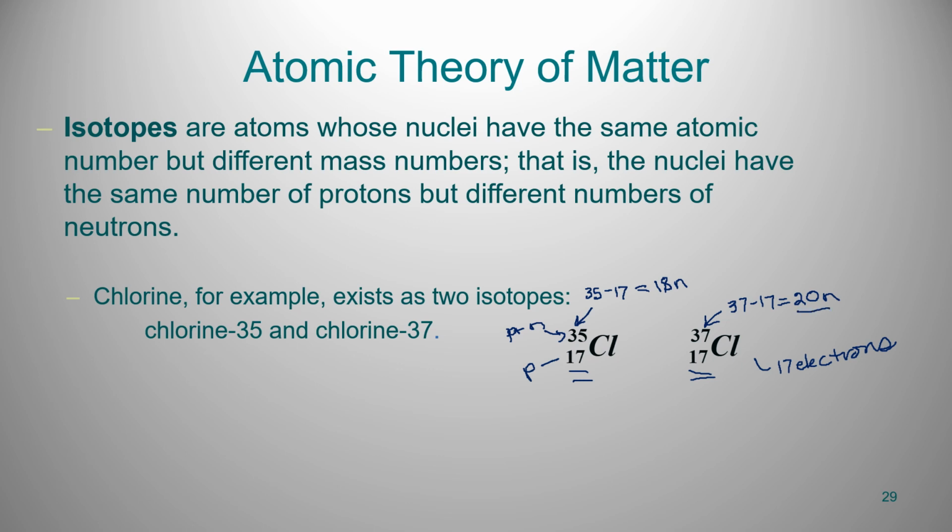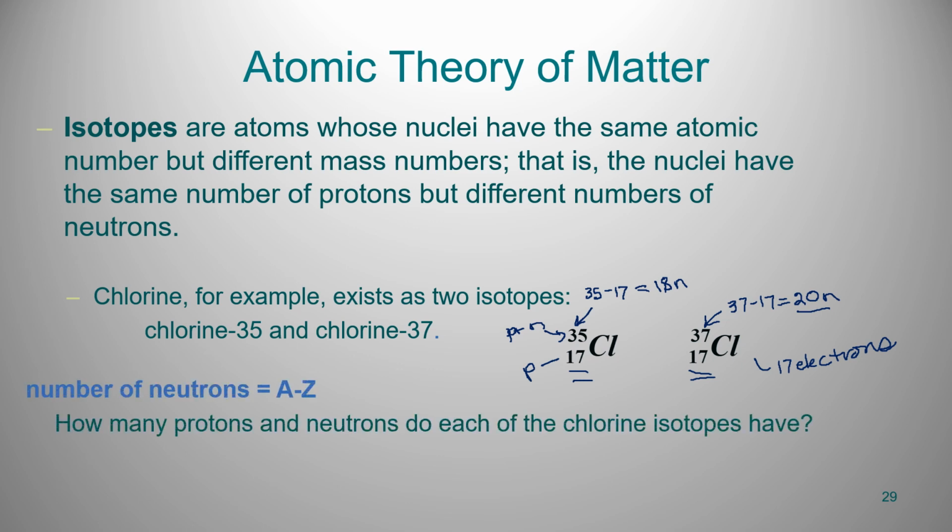This atom does not. And these are called isotopes of each other. So again, the number of neutrons is A minus Z. How many protons and neutrons do each of these have? I just did that for you. They both have 17 protons. Chlorine 35 has 18 neutrons, and chlorine 37 has 20 neutrons.